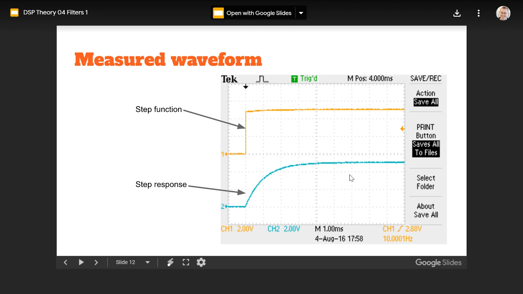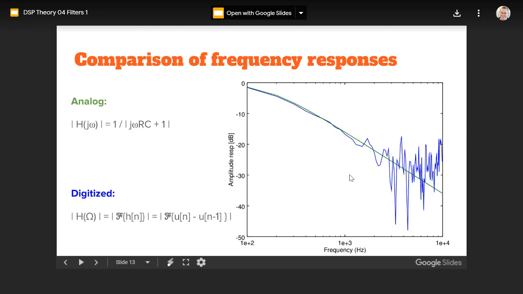Even this picture shows one problem of this setup, which is noise. There's something extra. You see the signal going a little bit like that, and that's because of the crappy equipment I had. And physics just works that way.